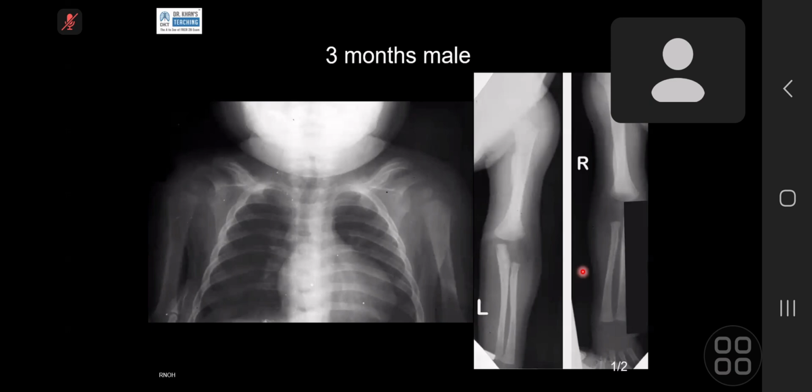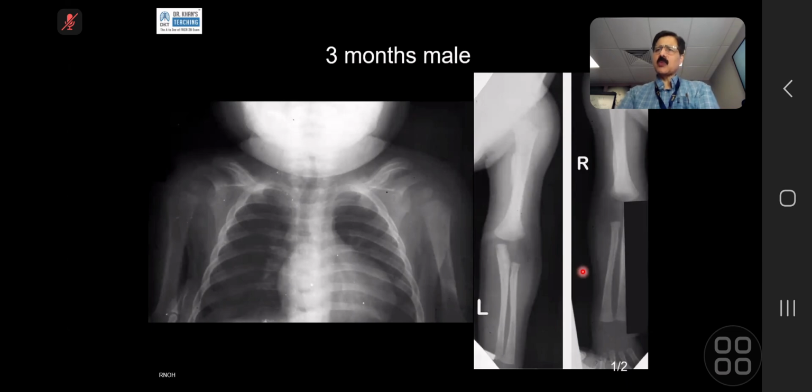So considering the periosteal reaction affecting various parts of the body, and the age of the child being 3 months, I was thinking along the lines of infantile cortical hyperostosis, but the age is a little less for Caffey's disease.